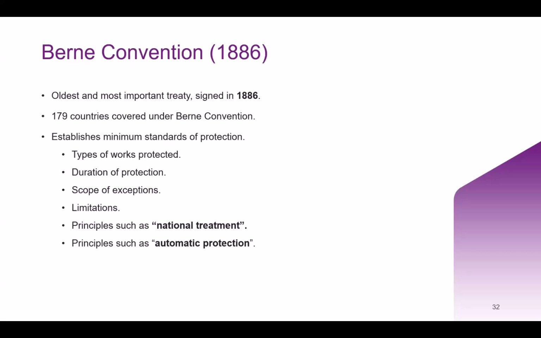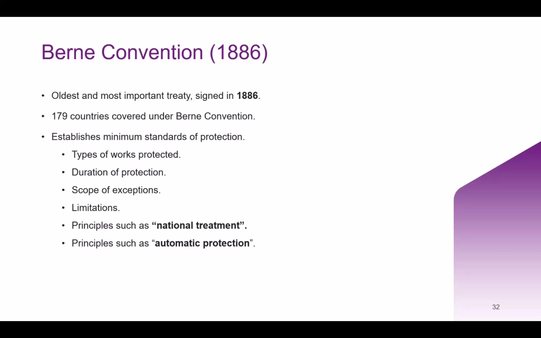One of the most significant international agreements is the Berne Convention. I don't know how to pronounce that, so apologies. It was originally signed in 1886, but has since been revised and amended on several occasions. This treaty lays out several fundamental principles upon which all participating countries have agreed.